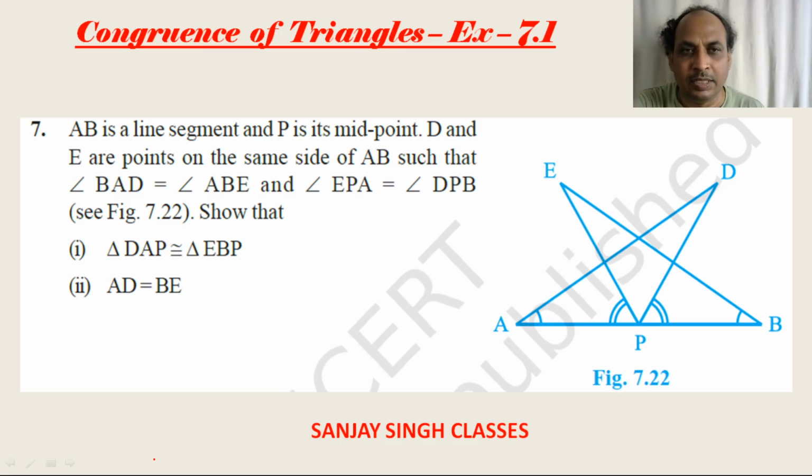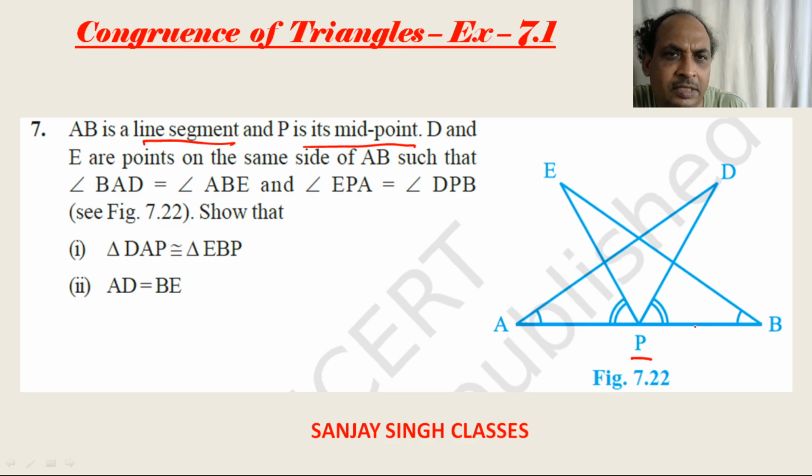Now in question number 7. AB is a line segment. P is its midpoint. D and E are points on the same side of AB such that angle BAD is equal to angle ABE.